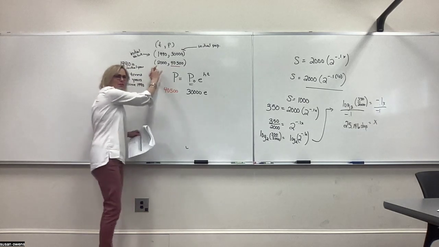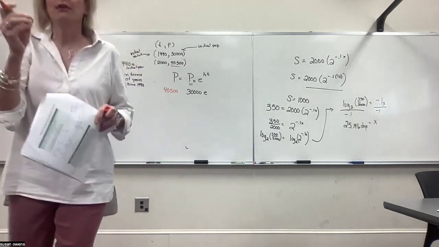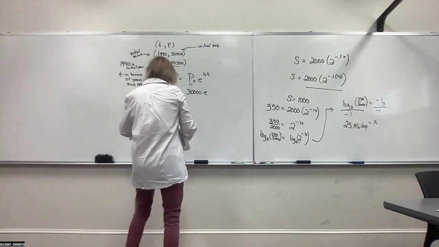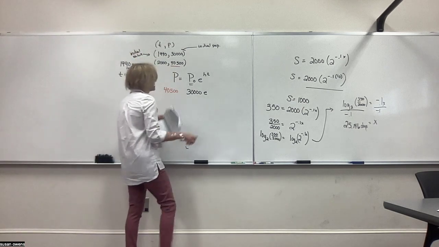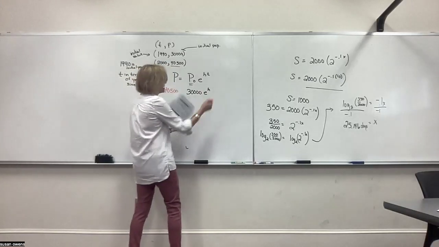What else do I know from this point? 2,000, and 2,000 is what variable? T, it's time, but it's time since 1990. So what would T be? 10. Okay. We still don't know what that h is, but I do know that it is 10 years later.